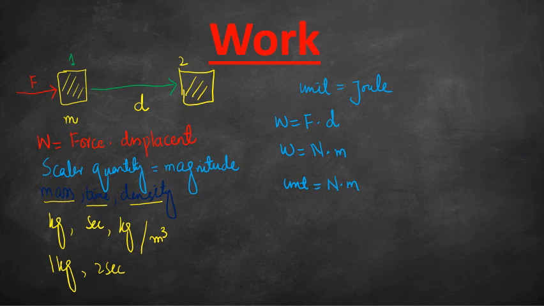When a force of 1 Newton is applied on a body, which results in a displacement of 1 meter, then the work done on such a body is known as 1 joule of work.